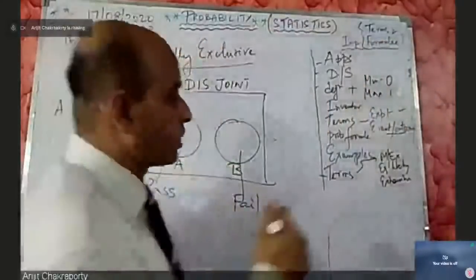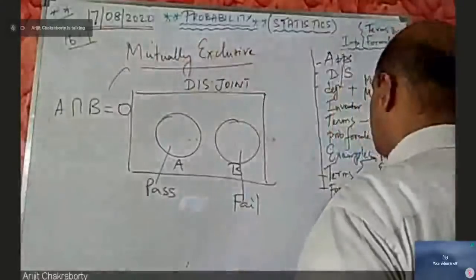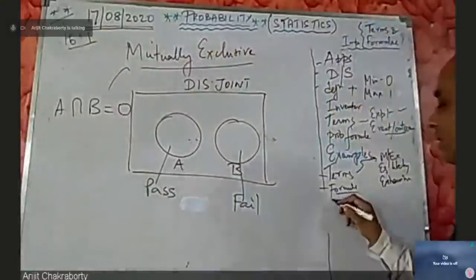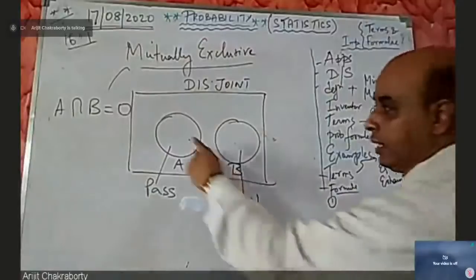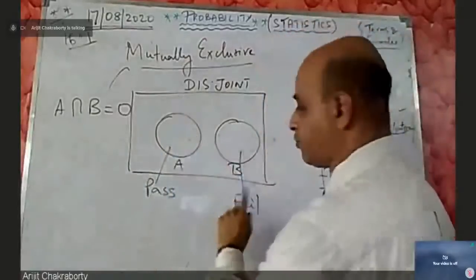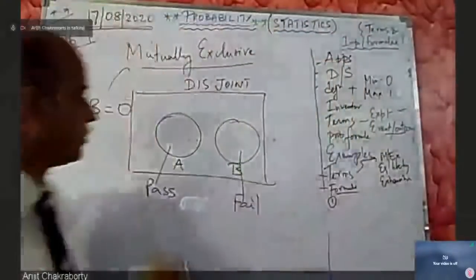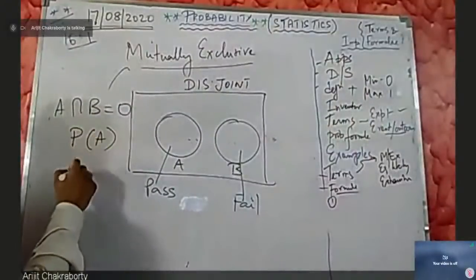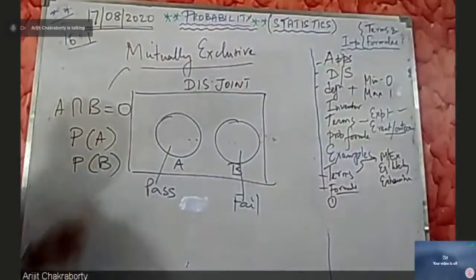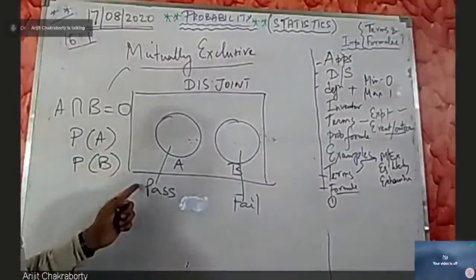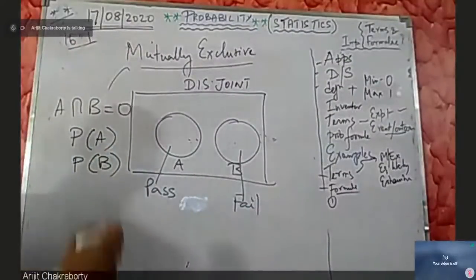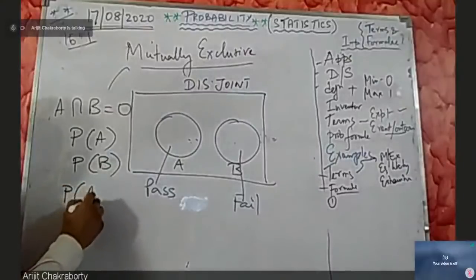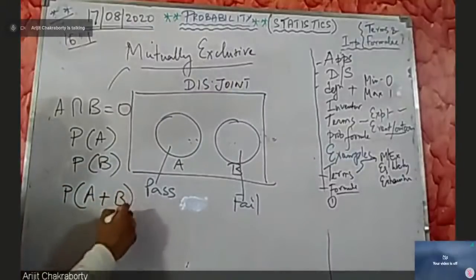Now we write the first formula. Formula number 1. The chance of passing and failing. So let the probability of passing be PA and the probability of failing be PB. Two events, two separate events. Now what is the formula for A plus B?